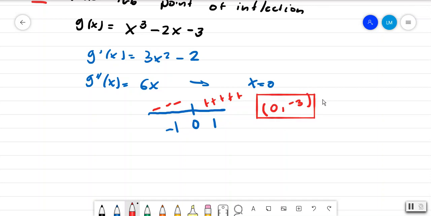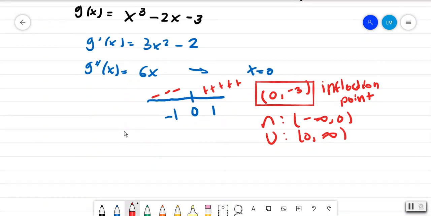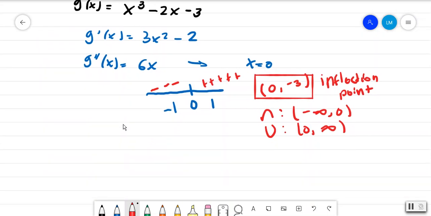Okay, so this is the inflection point. And then we also have that it's concave down from negative infinity to 0, and concave up from 0 to infinity. Now, of course, if you wanted to look at the graph, you can do that, but just be careful in figuring out which one is which.